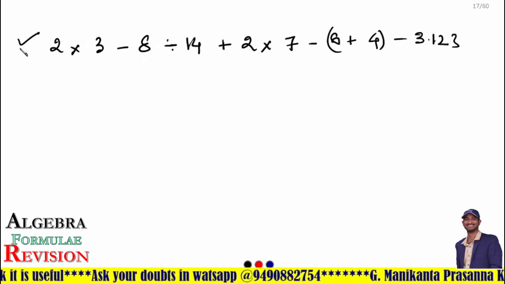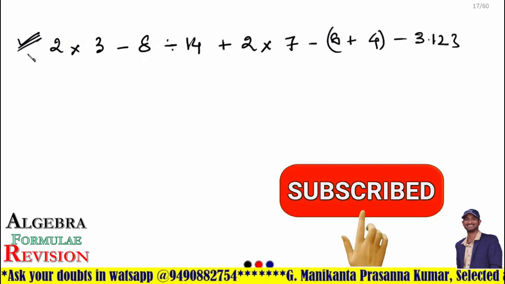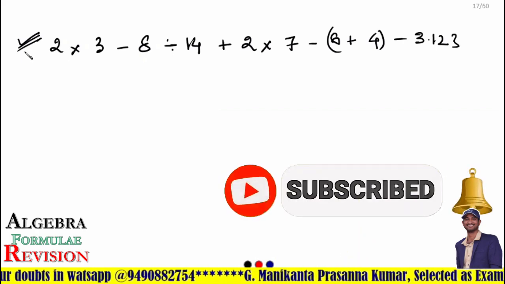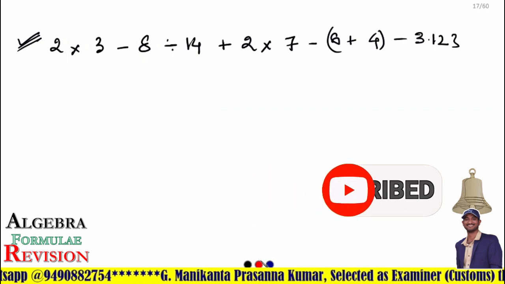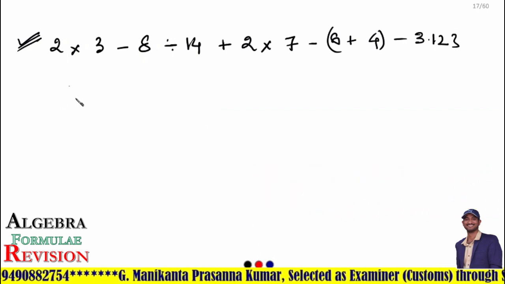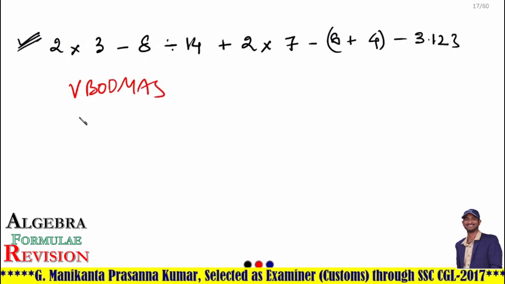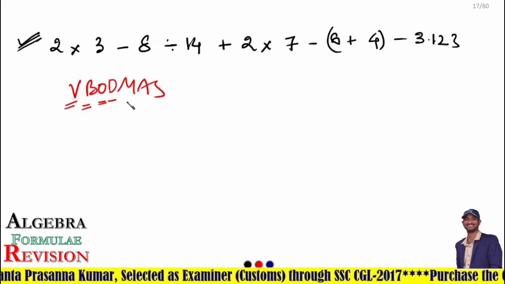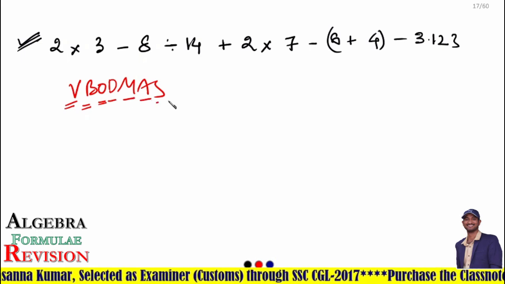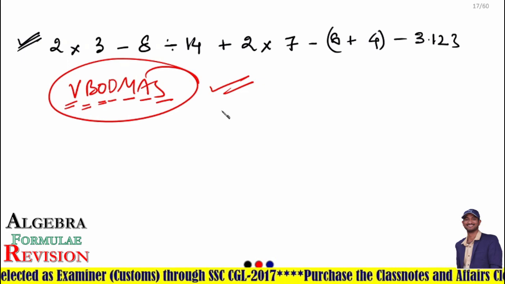These types of questions were asked in SSC from 2018 onwards, in prelims and also mains. How do you solve these types of problems? Using one and only one rule, that is the VBODMAS rule. V is vinculum or bar, B is bracket, O means of, division, multiplication, addition and subtraction. Using this, you have to solve the problem.